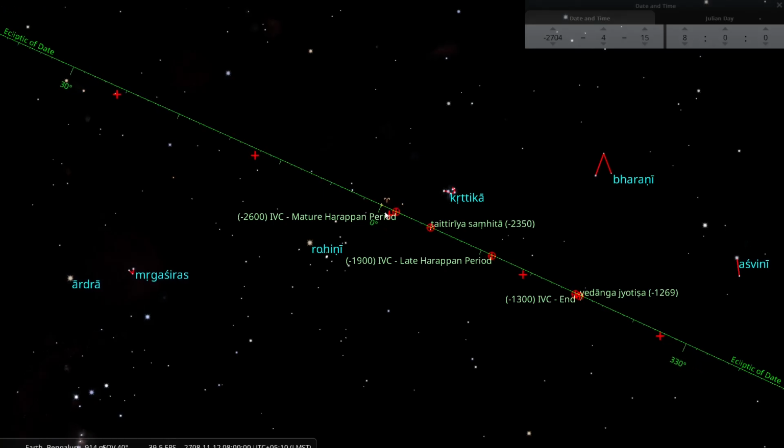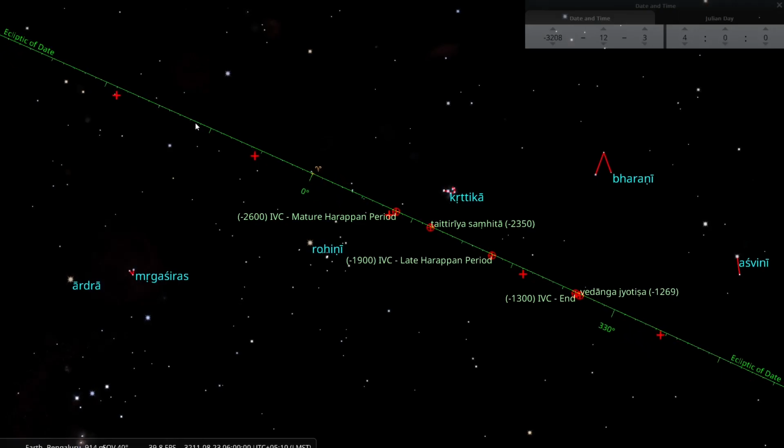Going further back, I'm still waiting for Vasanta Vishuvat to get to Mrigashiras. That must be somewhere here. But you will see we hit another Indus Valley marker before we get there, and that is the early Harappan period, because literally in 3300 BC, Indus Valley civilization started.